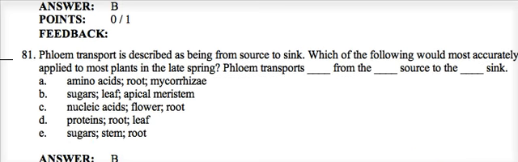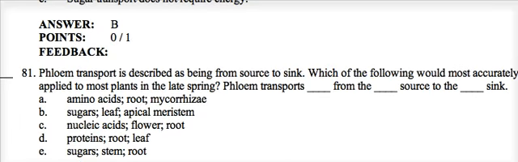Phloem transport is described as being from source to sink. Which of the following would most accurately complete this statement about phloem transport as applied to most plants in the late spring? Phloem transports blank from the blank source to the blank sink.